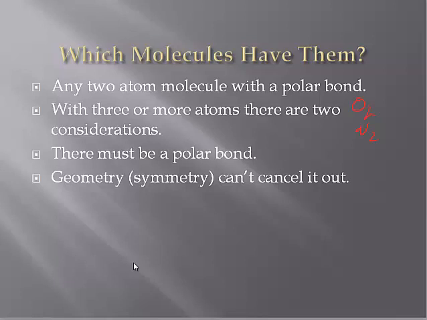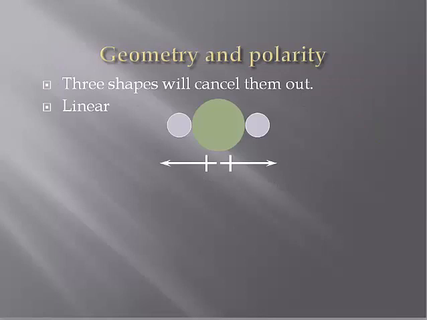The best way to show you this part, where it says the geometry or symmetry can cancel out the polarity, is just to show you with some pictures. So let's look at a couple pictures. Here we have something where the polarity we can think of as going this way. More electronegative going that way, or more electropositive, it really doesn't matter.